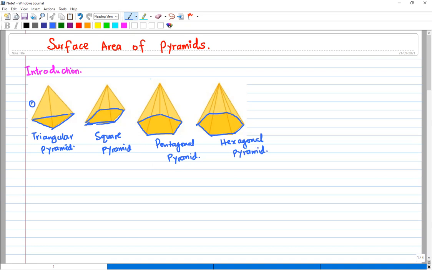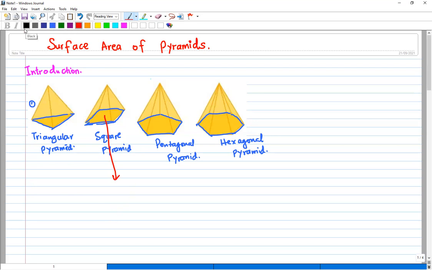Okay, now the idea of getting the surface area of the pyramid can be simplified when we get the net of this pyramid. For instance, let us consider this square pyramid.